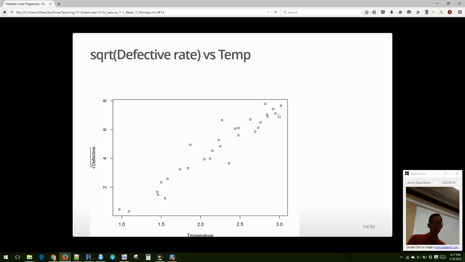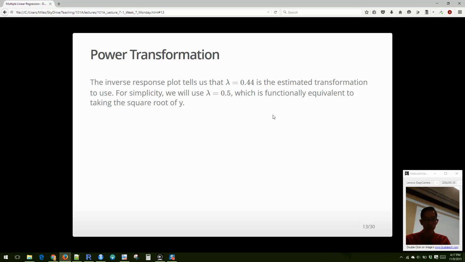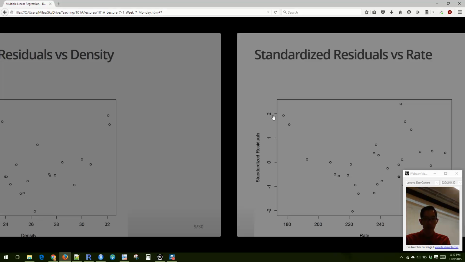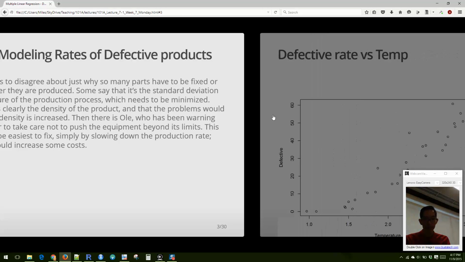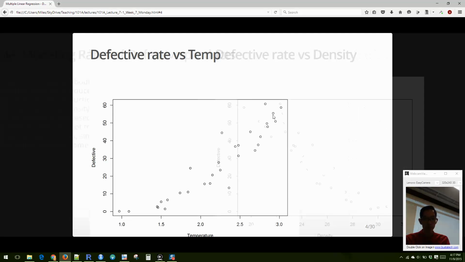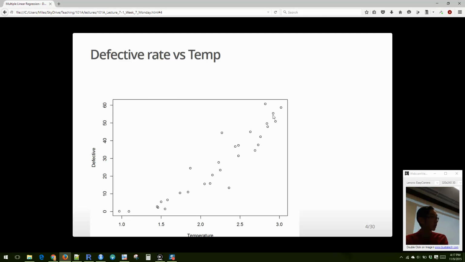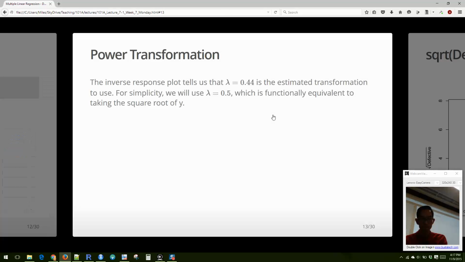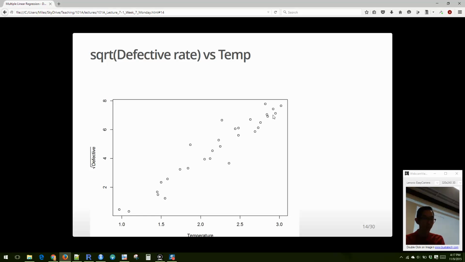Compare the square root of the defective rate versus temperature with the defective rate non-transformed. Comparing this versus this, it seems this has straightened things out.